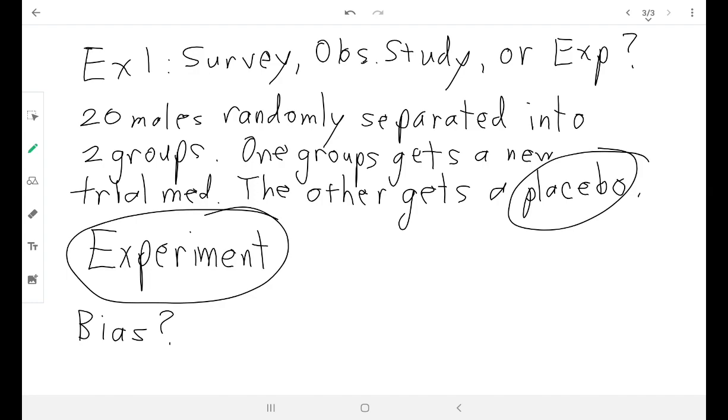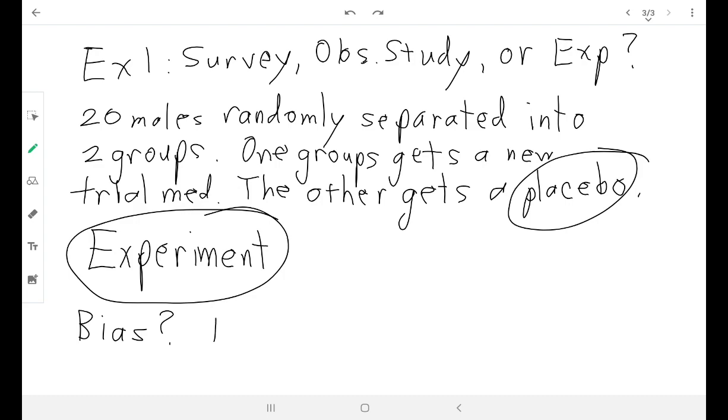Although you could argue that because we're only testing males, why are we only testing males? Well, maybe it's a medication that only affects males. I'm not going to say any more than that.